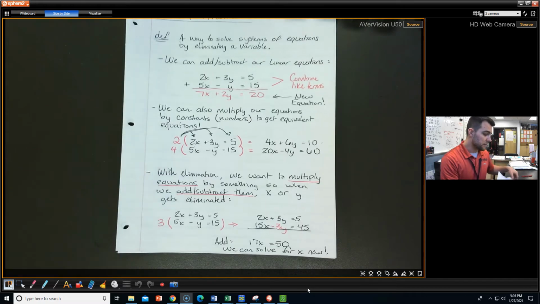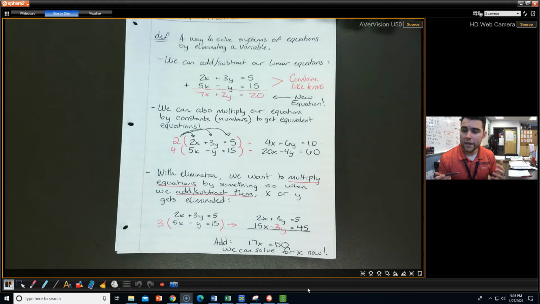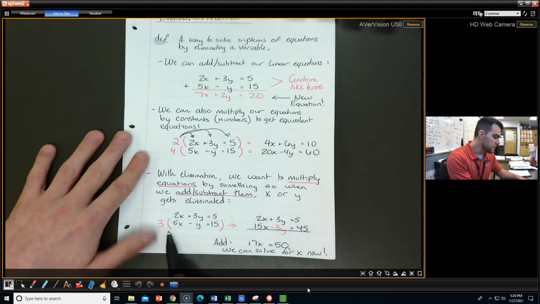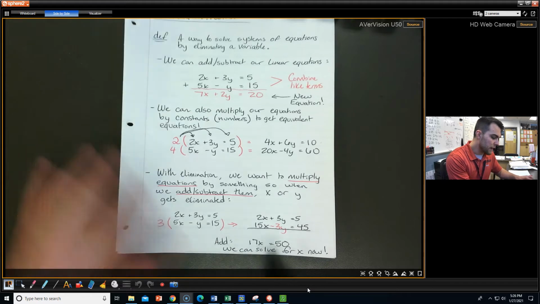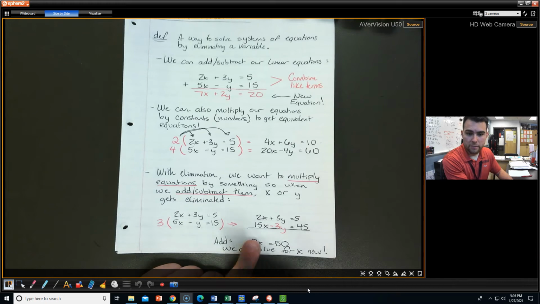For example, if I take my 2x plus 3y equals 5 and my 5x minus y equals 15, I can think, what can I multiply one or both of my equations by so that one of my variables gets canceled out? In this example, and this is just one option, I notice if I multiply the second equation by 3, I end up with 2x plus 3y equals 5 on top, the same thing. But on the bottom, I get 15x minus 3y equals 45.